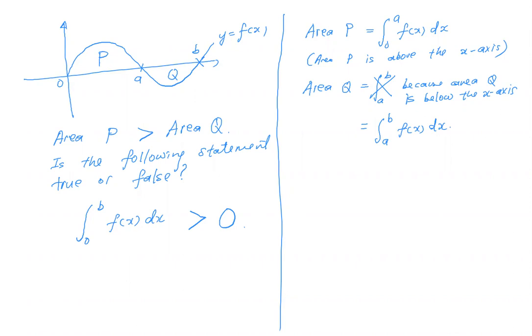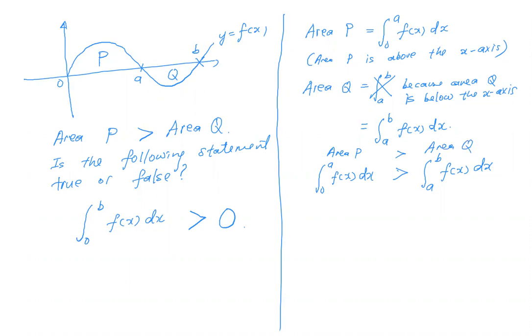So that means that if I integrate 0 to a f(x) dx, there's my area P. It will be greater than integrate a to b f(x) dx. Am I right? Yes, because the question tells me so. Area P greater than area Q.